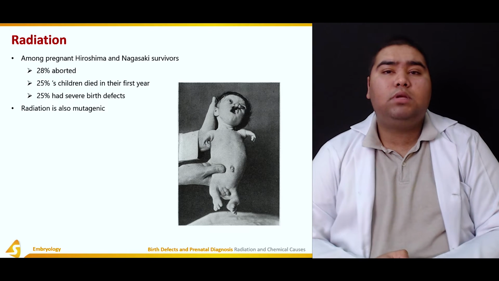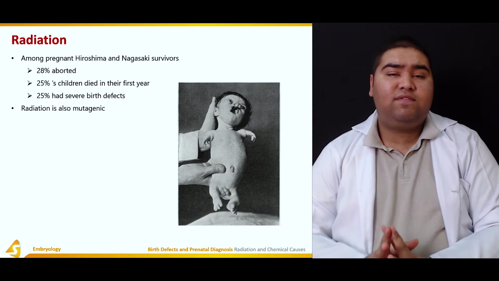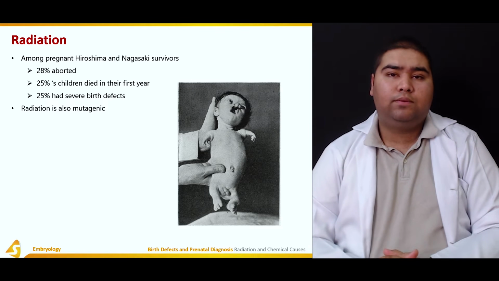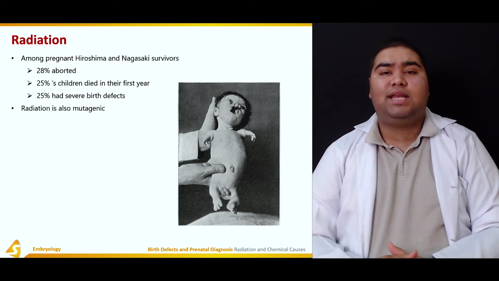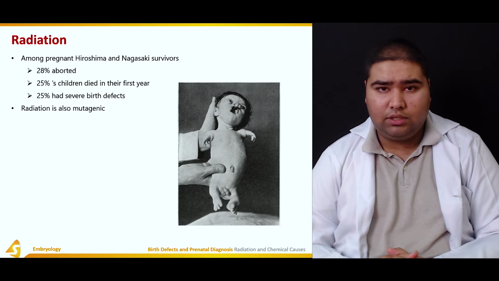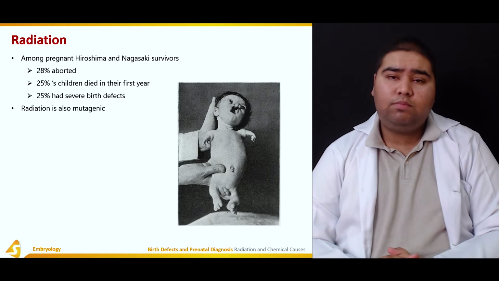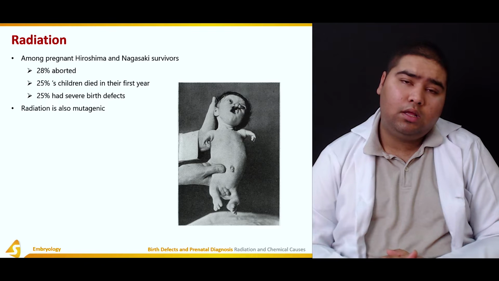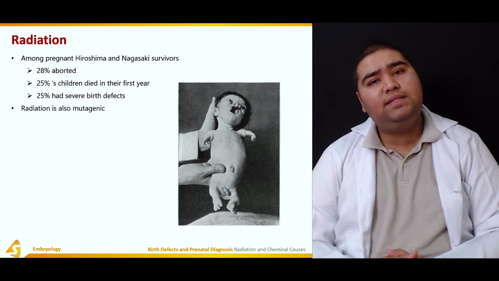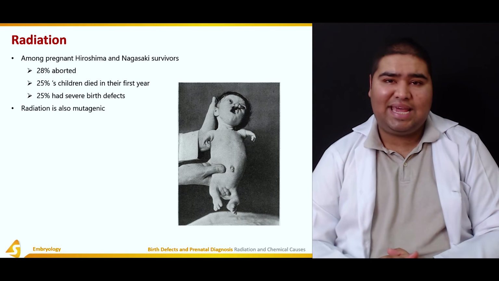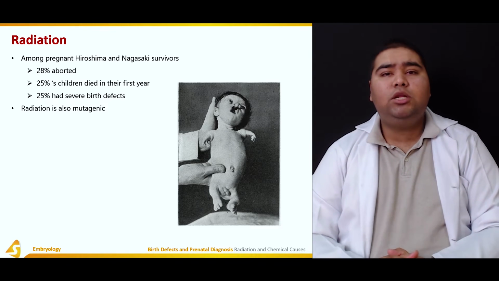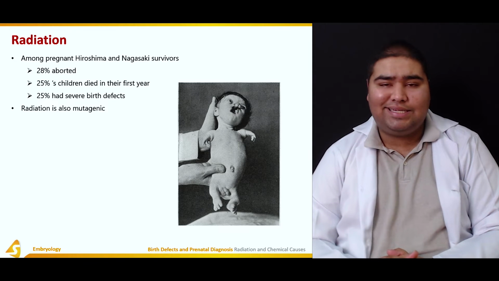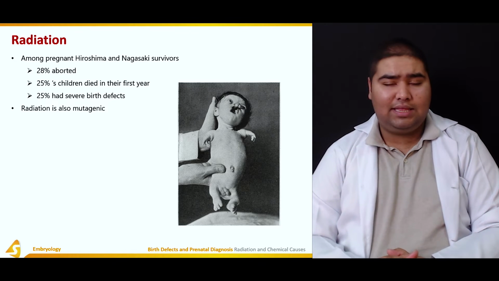Radiation is also mutagenic. Now, it's a very important concept. What is a mutagenic agent? A mutagenic agent is an agent that can cause mutation. What is a mutation? Mutation is a change that occurs at the level of a genome. For example, if a certain genome had a sequence ATT, a mutation may change it into AGT, ACT, CAT, anything.